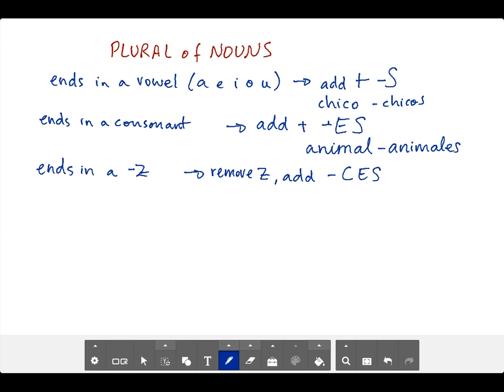So for example, you have luz, and then it will become luces. So the Z becomes a C. Luces, the lights. You cannot change the gender of a noun.